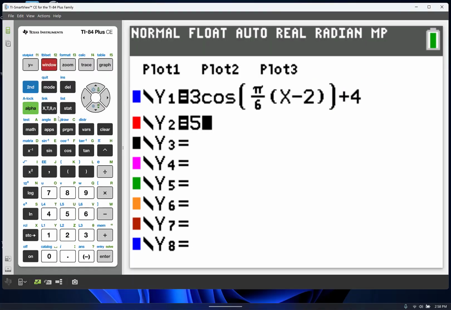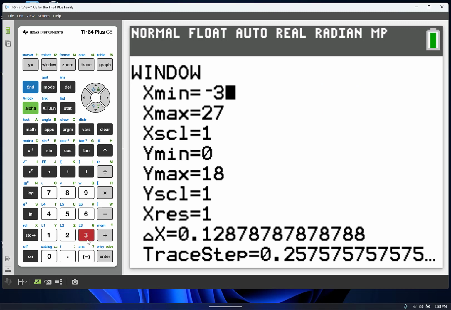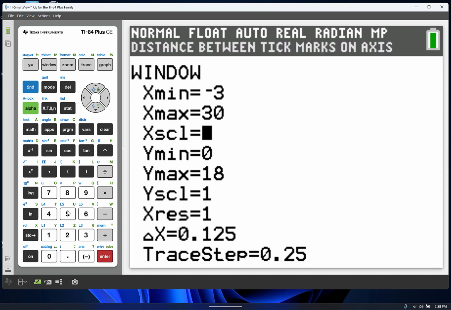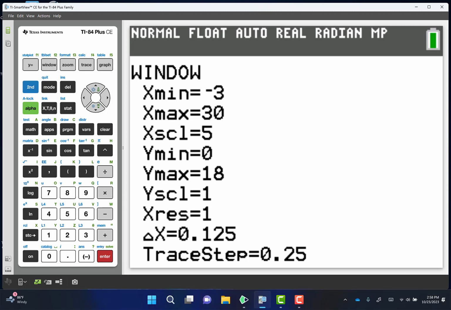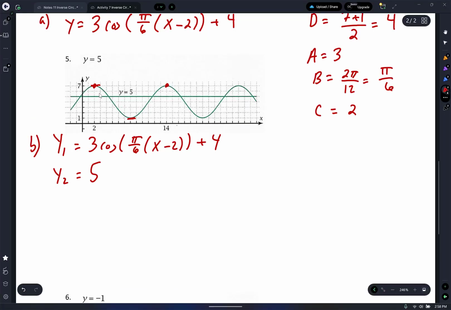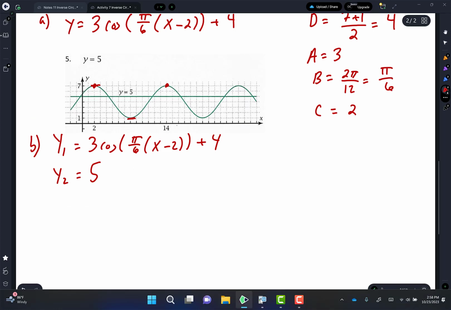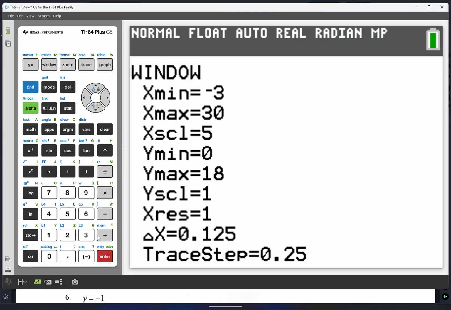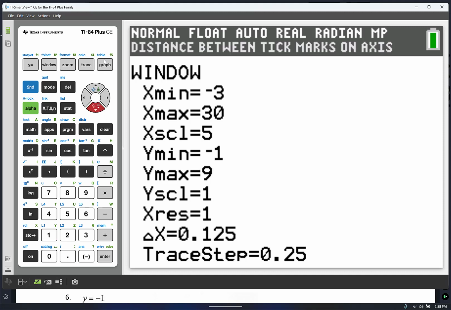So go to window, -3, and put 30 for x max. And then x scale, you can leave it as 1, but I'm going to put 5 so there's not so many hash marks. Y min, the biggest is 7, the smallest is 1. I'm going to put -1, and I'm going to go all the way to 9, so I can see the whole graph. And y scale by 1, that's fine. Push graph.